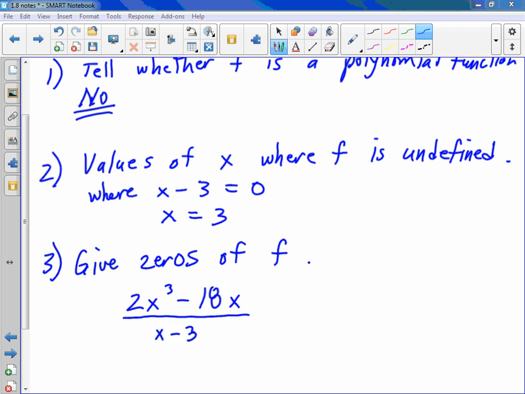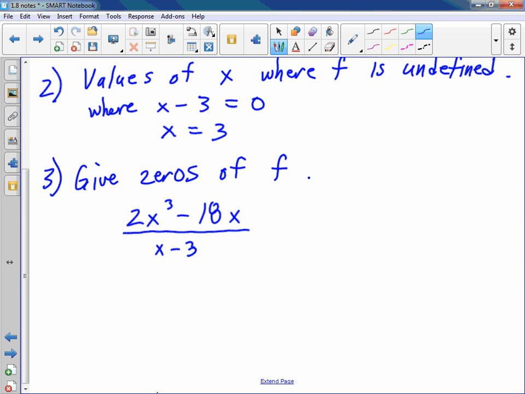So now we're ready to give the zeros of f. Well, just looking at this, it's not very easy to deal with right now, but I see that there's an x here and an x here, and that helps. So let's start to give this a little bit of a makeover. So we could say f of x equals, and in fact, more than just an x, now that I look at this closer, I see there's a 2x here, and 18 is an even number, so we can factor 2x out, not just x.